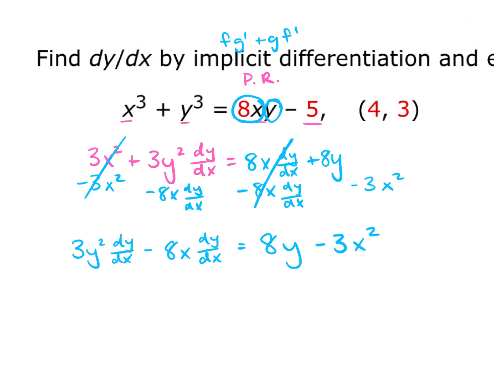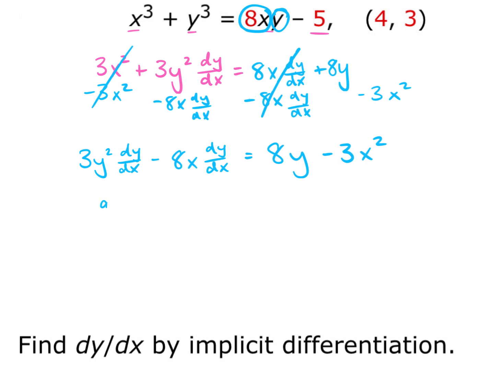How do I get the dy dx as just one dy dx? What would we need to do? So on the left side, how would I combine these together? They're not like terms because one has a y, the other one has an x. What could we do? Do we have a GCF? Do we have a common factor? The dy dx is a common factor in both of them. So I'm going to take out the dy dx.